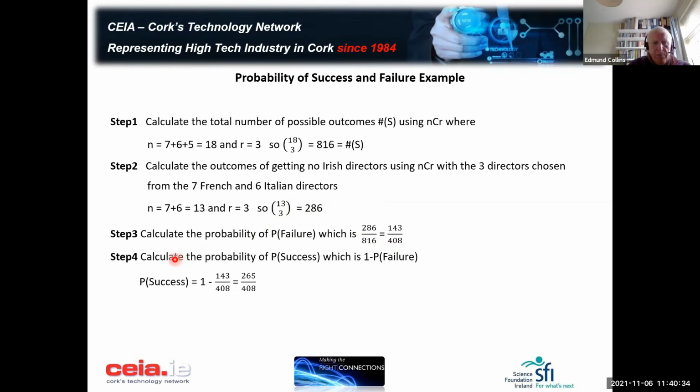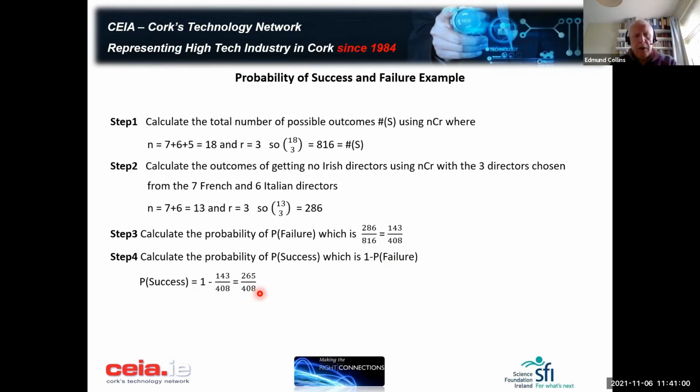And then it's quite an easy step then to calculate the probability of success, which is 1 minus the probability of the failure. So the probability of getting no Irish directors is 143 over 408. So we take that away from 1 and we end up with 265 over 408.